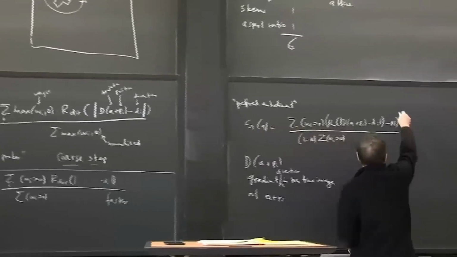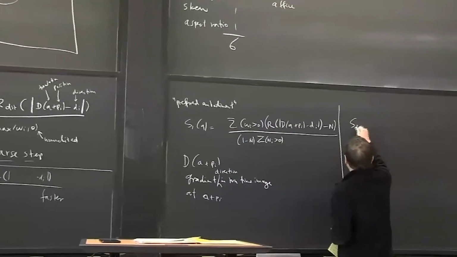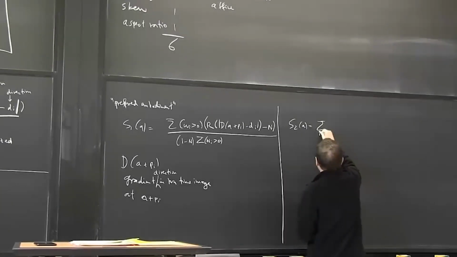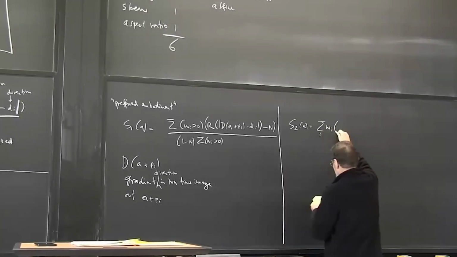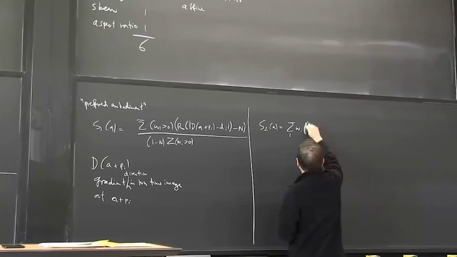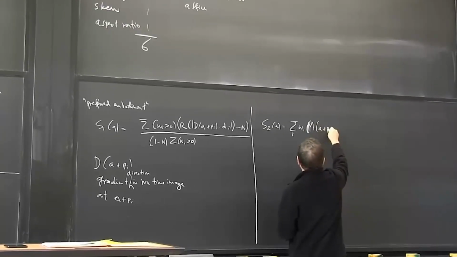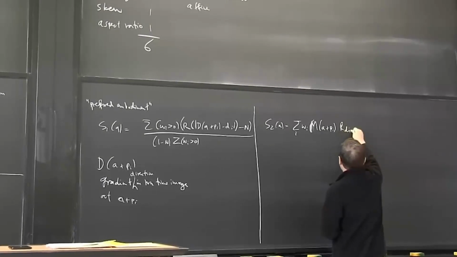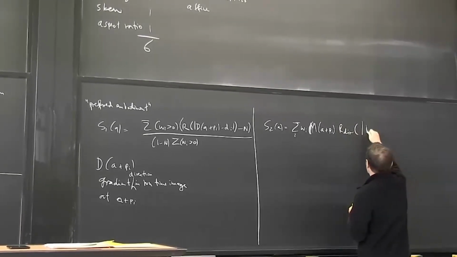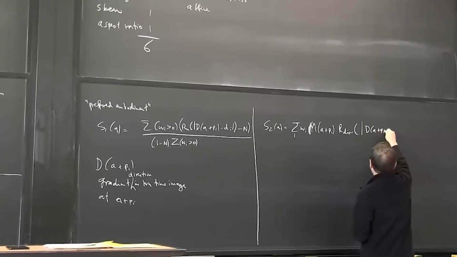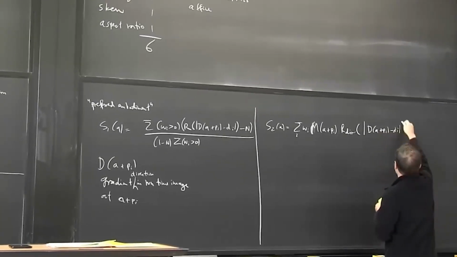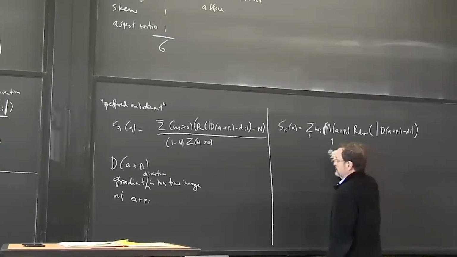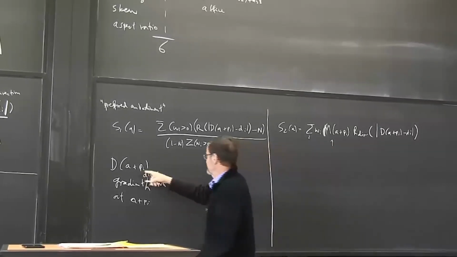So then we get to S2. Now this one is not normalized, so its absolute value will not be significant. It's just going to be larger if you have a better match. And this is similar to this function.